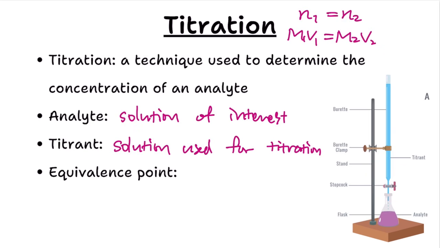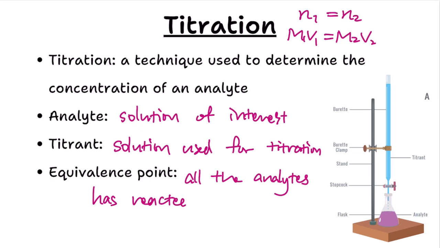By then, I can calculate the concentration of the analyte by plugging in all the numbers. So equivalence point is a point at which all the analyte in the sample has reacted with titrant.